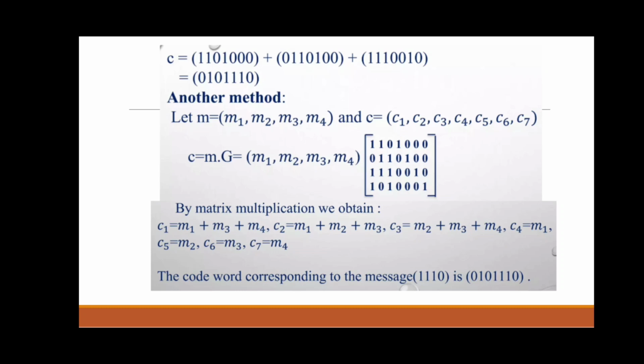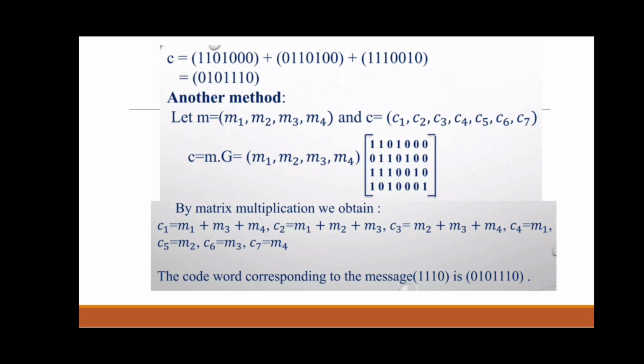Therefore, the code word will consist of 7 bits, and we will multiply M1, M2, M3, M4 into G and find the expression for C1, C2, C3, and so on, as we can see in the lower part of this slide. C1 is equal to M1 plus M3 plus M4. These plus signs are just modulo-2 addition, or you can say XOR operations. These are not normal additions or binary additions.